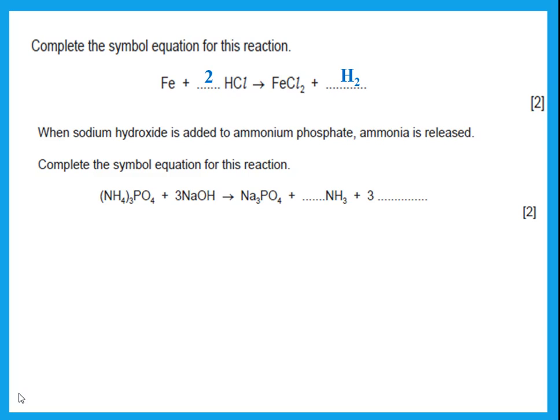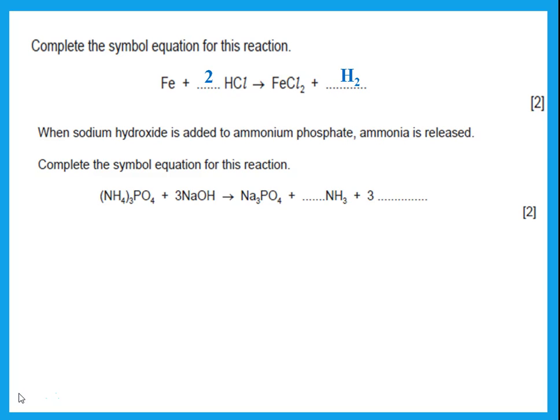Now, when sodium hydroxide is added to ammonium phosphate, ammonia is released. Complete the symbol equation for this reaction. First of all, there is a product missing. So let's figure out what this product could be. This is ammonium phosphate plus sodium hydroxide. And he says it will give sodium phosphate plus ammonia plus, what do you think is missing here?